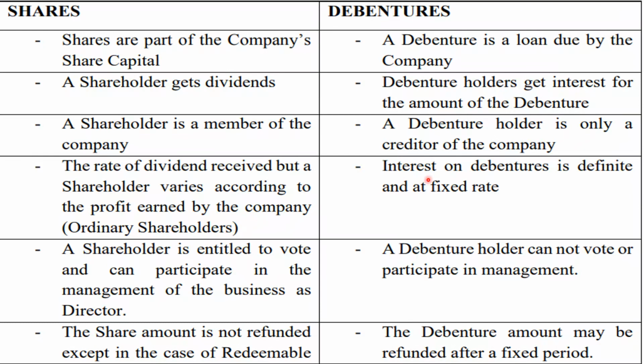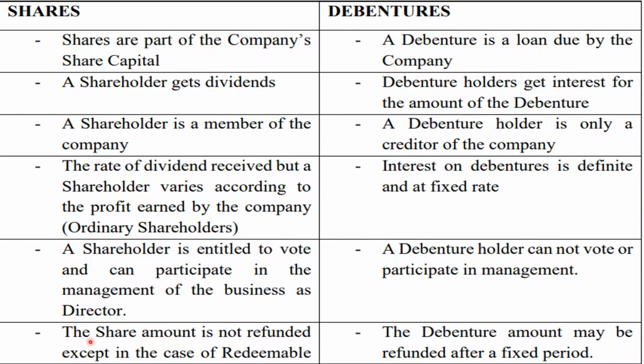Well, the interest on a debenture is definite and at a fixed rate. The other difference is that a shareholder is entitled to vote and can participate in the management of the business as a director. Again, this is for ordinary shareholders, not preference shareholders. A debenture holder cannot vote or participate in management.